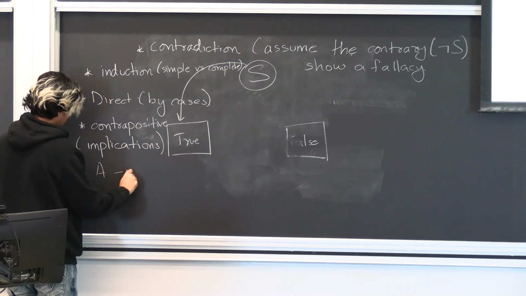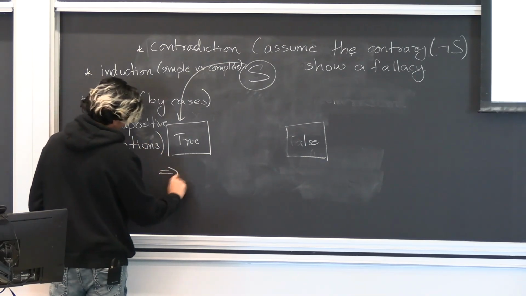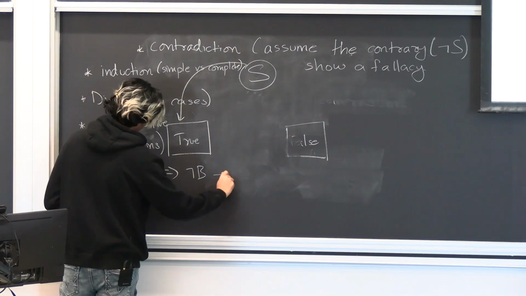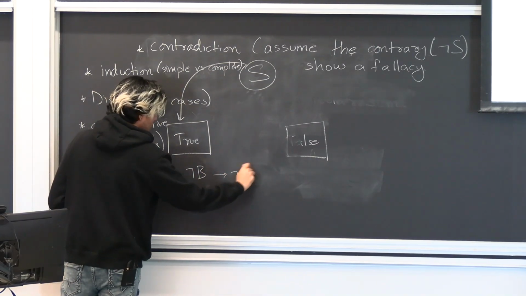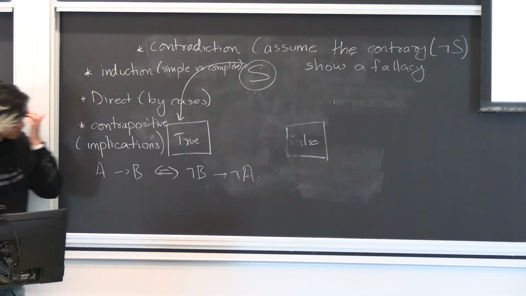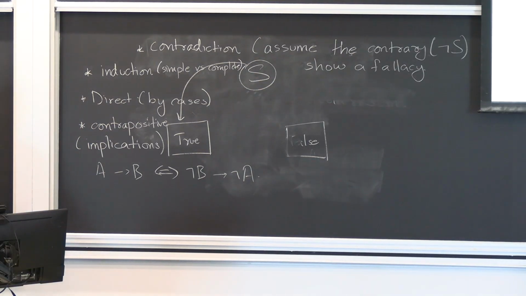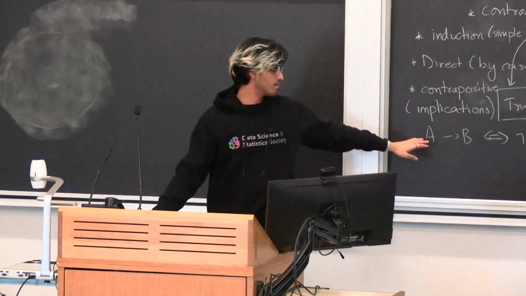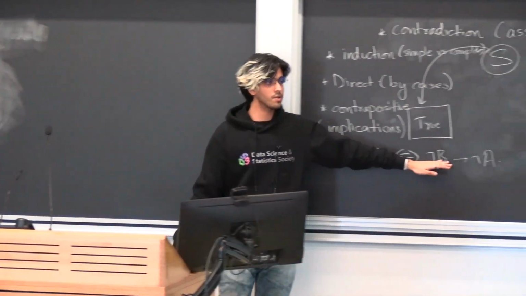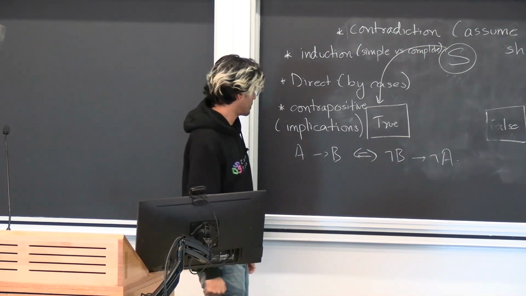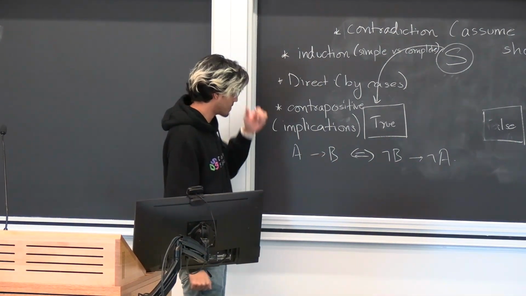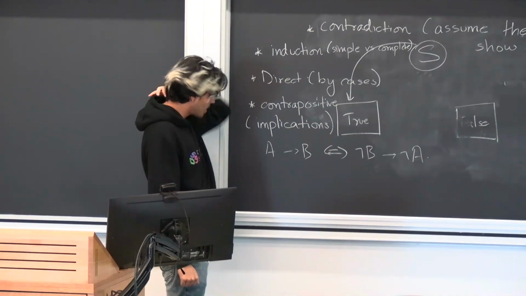Right? And over the course of 2 or 3 years, every time I've TA'd, when it comes to contrapositives, I've seen a lot of mistakes happen when you try to convert it. So I want to drill this in everyone's head.